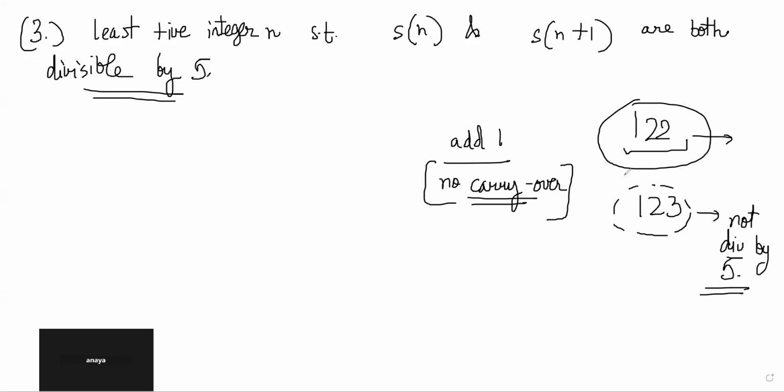So now what you have to think about is, if there are carryovers happening, then what will happen, right? Yes. So let's say there are k carryovers when you add 1.